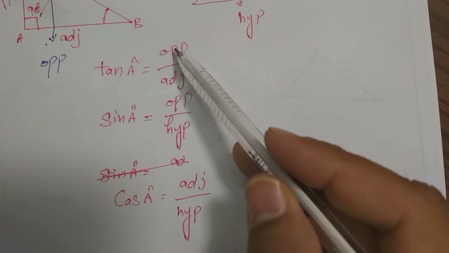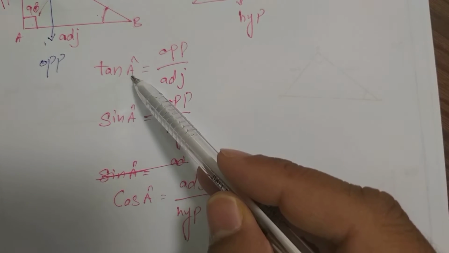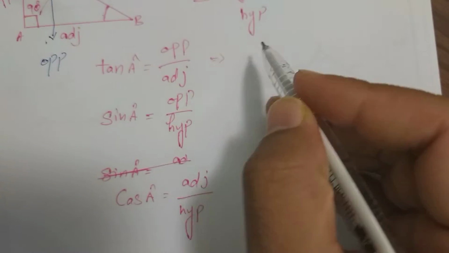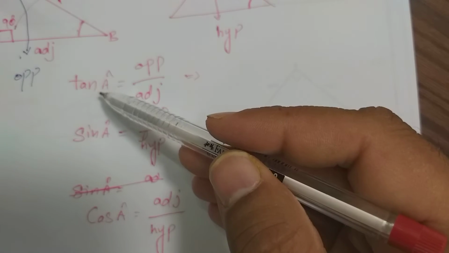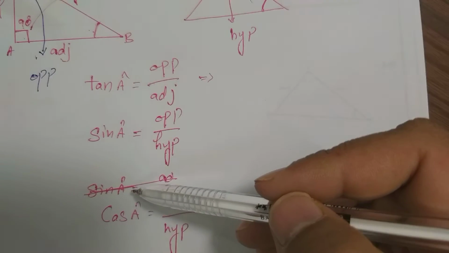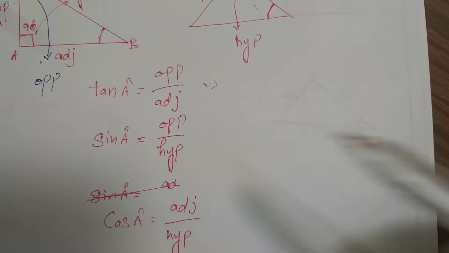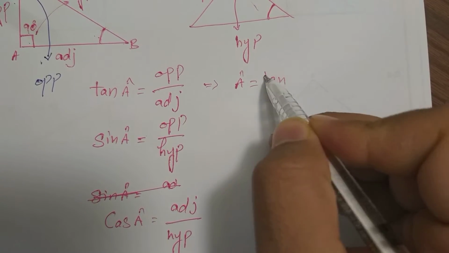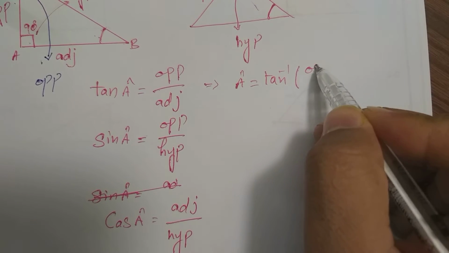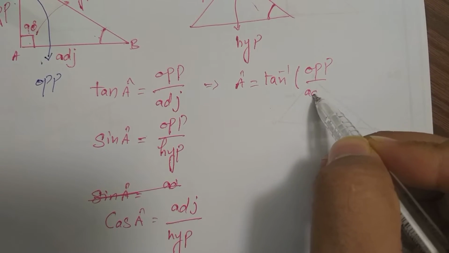If you are given opposite and adjacent and asked to find the angle, then whenever we find an angle, we go for shift and the required function. So angle equals tan inverse opposite over adjacent.